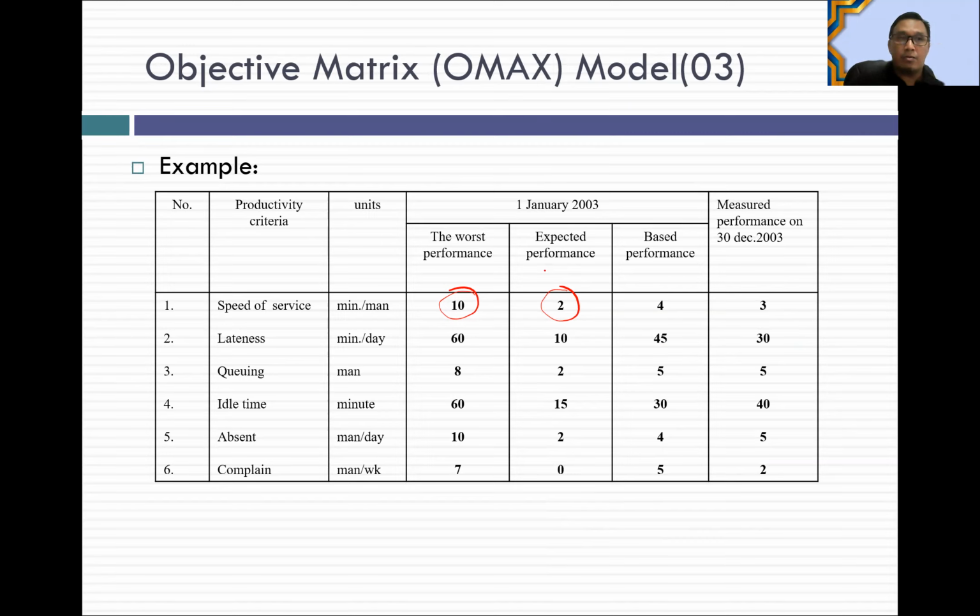To serve one person, how many minutes do they need? So the shorter the period of services, the better. Even though the name is speed, we have to consider the unit of measurement. And then the best performance is 4. So the expected is 2, the worst is 10, the best performance is 4.